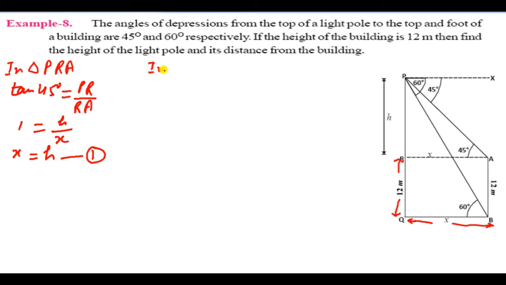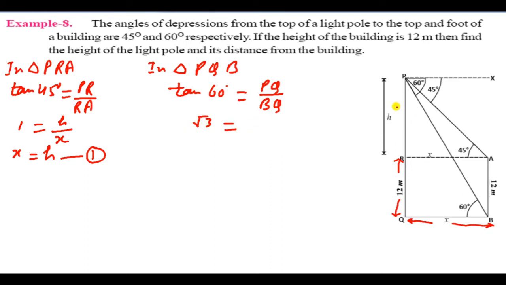Now come to the last triangle, that is PQB. So in triangle PQB, taking tan 60, that is perpendicular upon base, it is tan 60 degree. So it is PQ upon BQ, it is root 3.